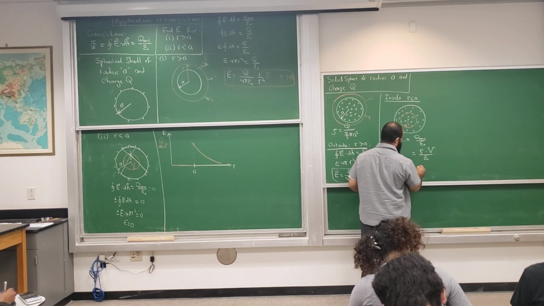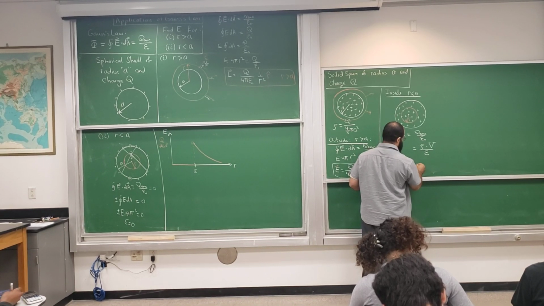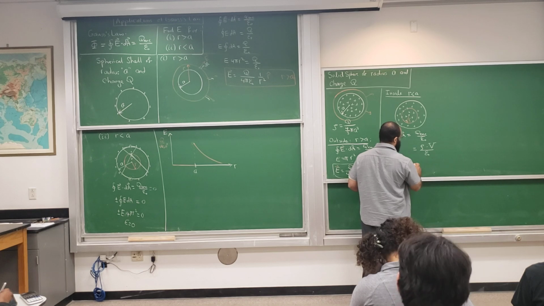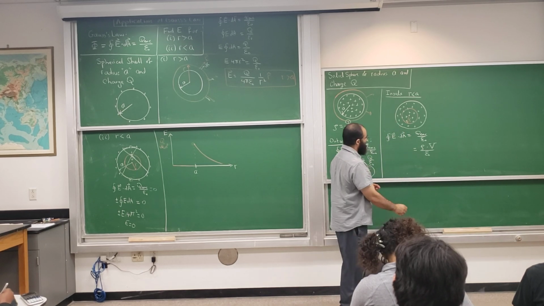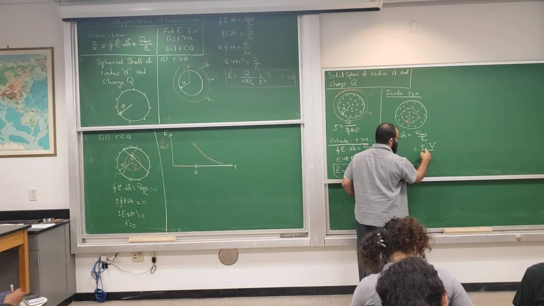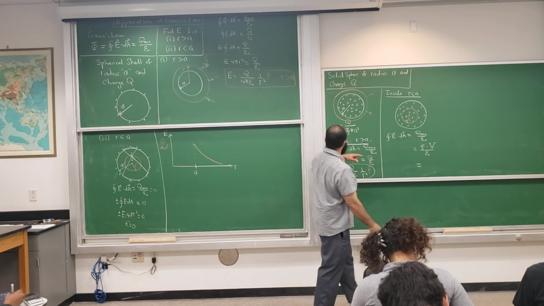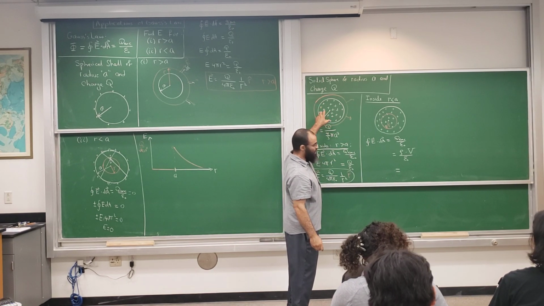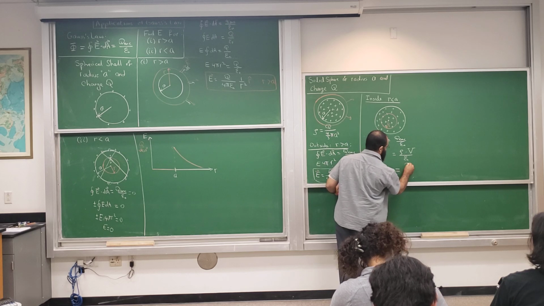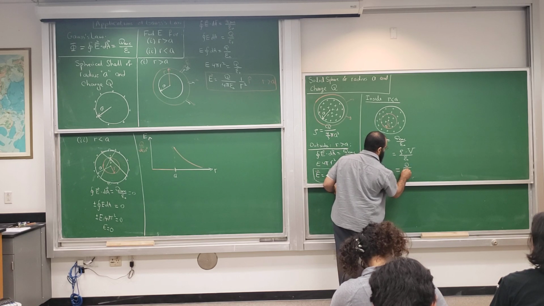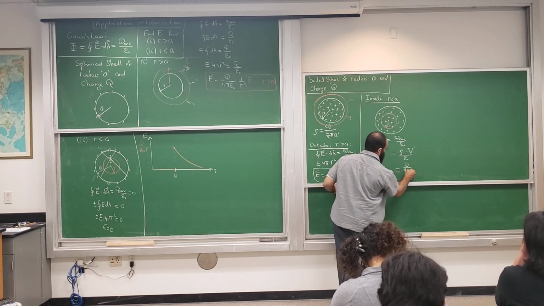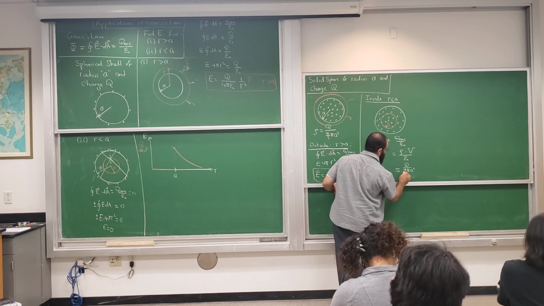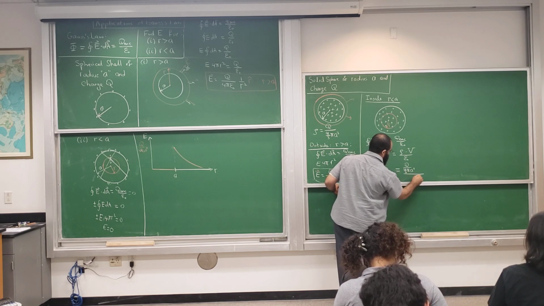We can do one more step. Actually, let's get it all the way. We said the charge density is the total charge over the volume of the whole sphere, so it was Q over 4/3 pi A cubed, with the epsilon out here.